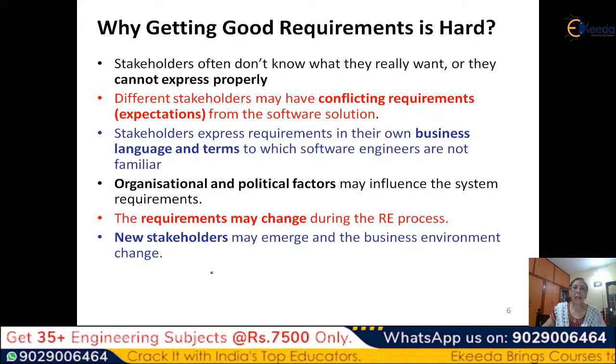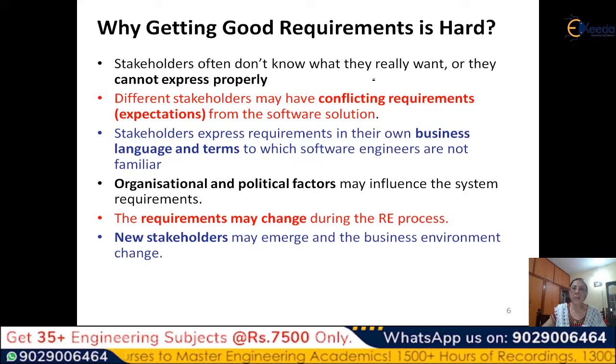So why is getting good requirements hard? Because normally we say, oh, it's a very difficult thing. We have to follow so many techniques and so many methods. There is a human element involved in getting the requirements. It is not a mathematical formula.